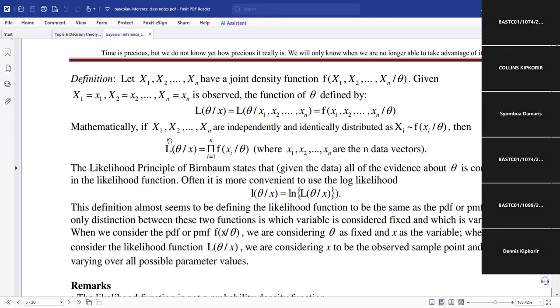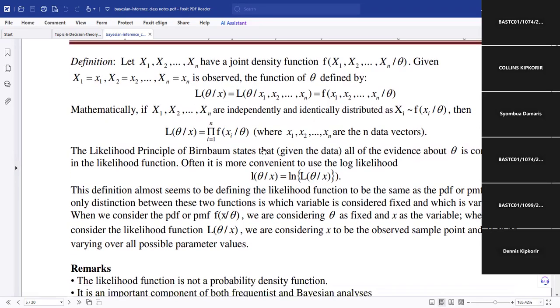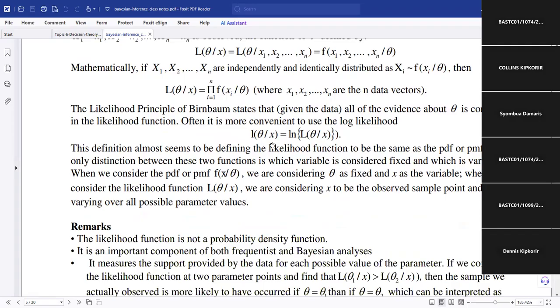And mathematically, if X1, X2, X3 are IID, that is independently and identically distributed, with the Xi's having this particular distribution f(xi given theta), then the likelihood function L(theta given x) will be the product from i equals 1 to n of f(xi given theta), where x1, x2, x3 to xn are the observed data values. So that is the data vector.